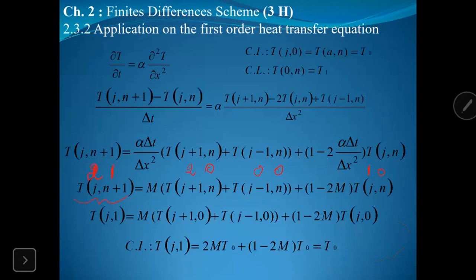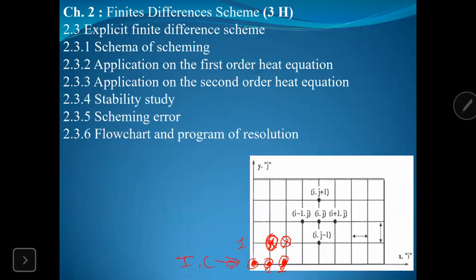T21. Then I need T30, T10, T20, 1, 2, 3. I need. Then from 20 here, 30 here, and 00, 10, 20, 30 is here.